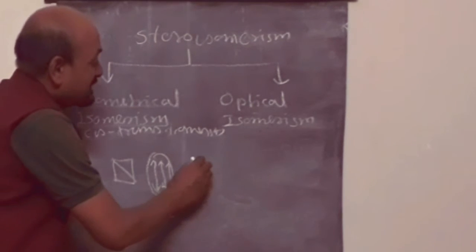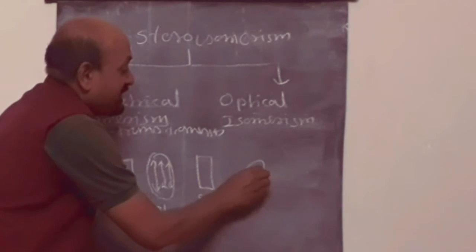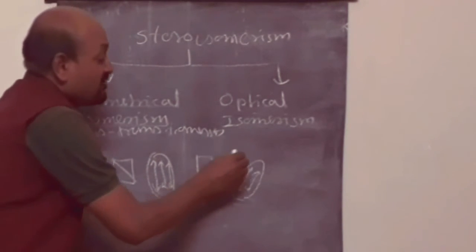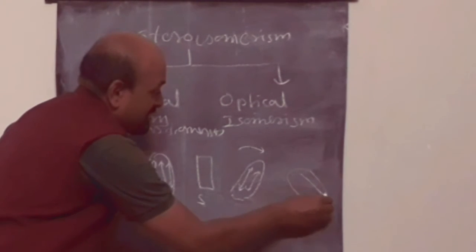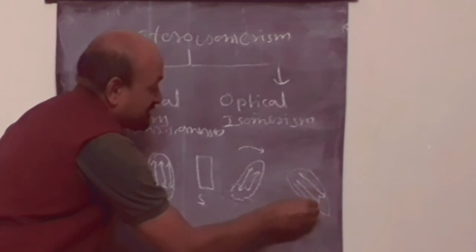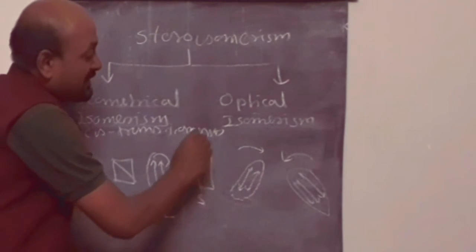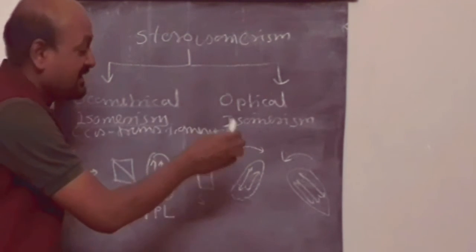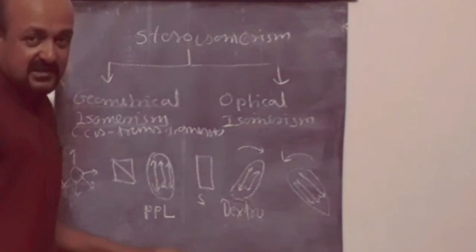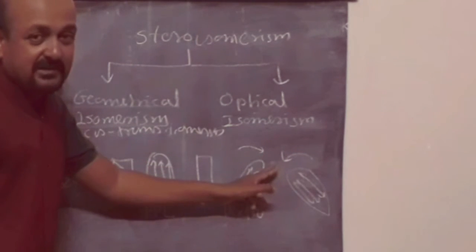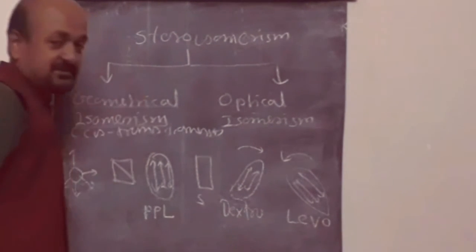Now whenever this plane polarized light passes through a sample, some samples rotate the plane of plane polarized light towards the right, and some substances rotate it towards the left. Those substances which rotate the plane of plane polarized light towards the right are known as dextrorotatory, whereas those which rotate it towards the left are known as levorotatory.